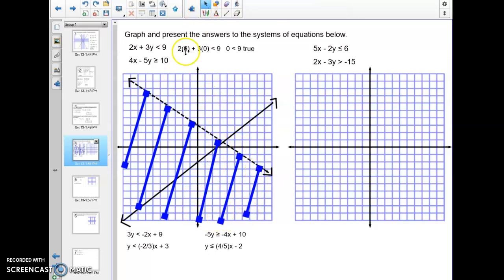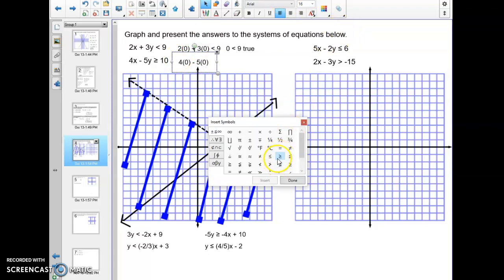My second one, 4 times 0 minus 5 times 0 is greater than or equal to 10. So 0 is greater than or equal to 10. And I would argue that is false. 0 is not bigger than 10.